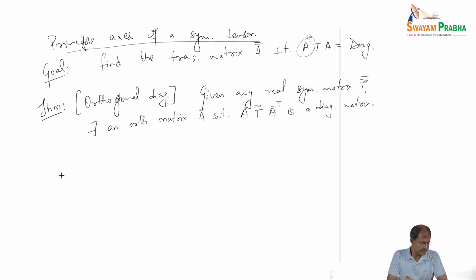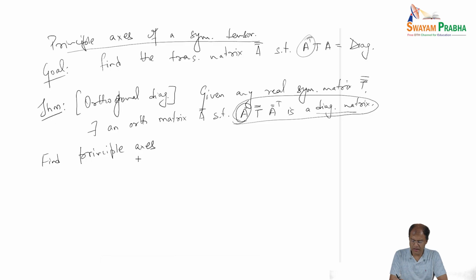The idea is that to find the principal axis, we find the rows of this matrix. See, this is our original goal, and suppose we have already found this orthogonal matrix A such that this sort of transformation is a diagonal matrix, then we expect that the principal axes will be the rows of A. That is what I said a few minutes back.